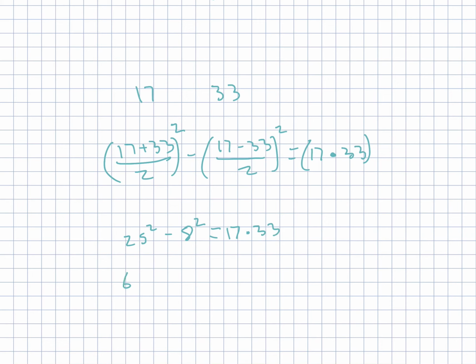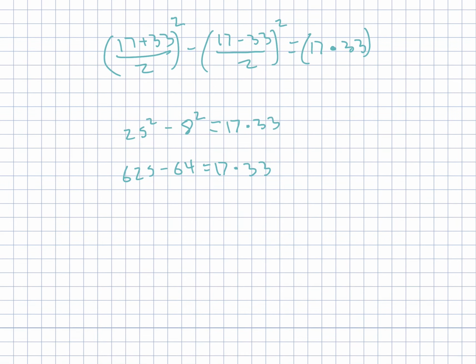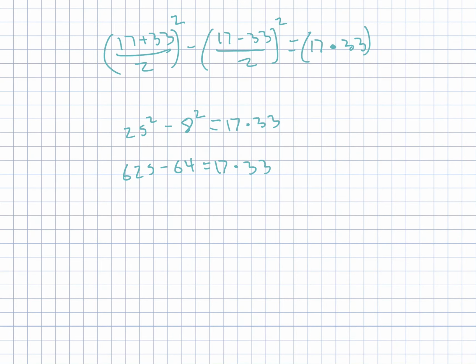If we simplify this, 625 minus 64 is equal to 17 times 33. And then if we do some quick subtraction, we could find that the result is 561, I believe, which is equal to 17 times 33.